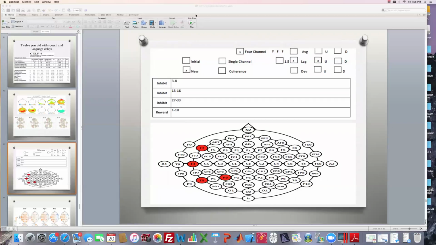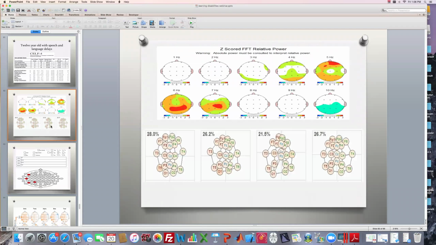Did you say you are rewarding 1 to 10? In this particular example, the reward was 1 to 10, but every case is a little bit different. In this case, we clearly wanted to reward alpha and theta, and we actually decided that we would go all the way down through delta as well.